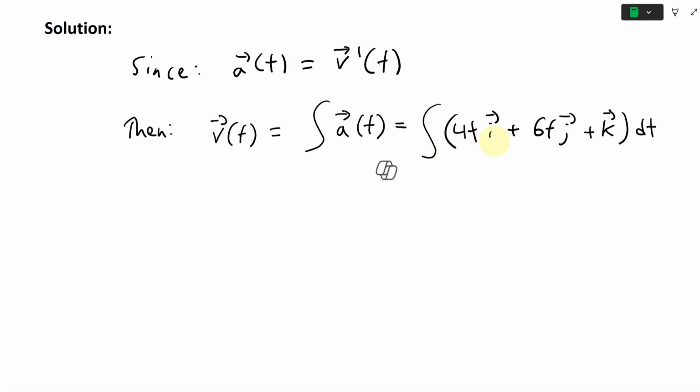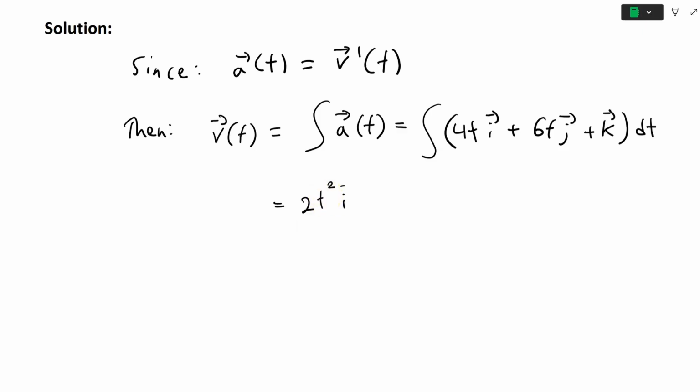So now take the integral of that, of each of these components. The integral of 4t is t squared divided by 2, so it's 4 over 2. Because if you take the derivative, put the 2 down, it would be 4, and then t to the power of 1.